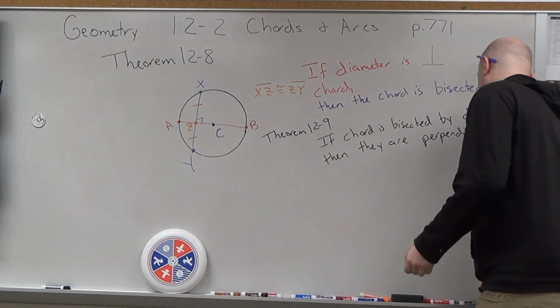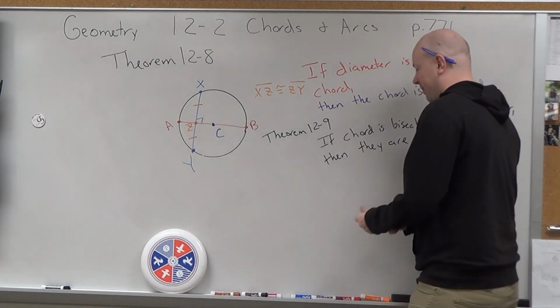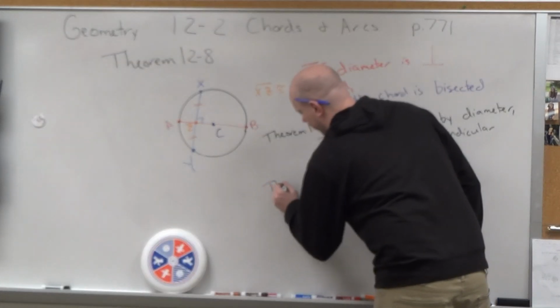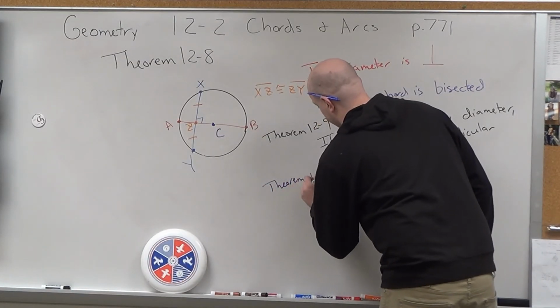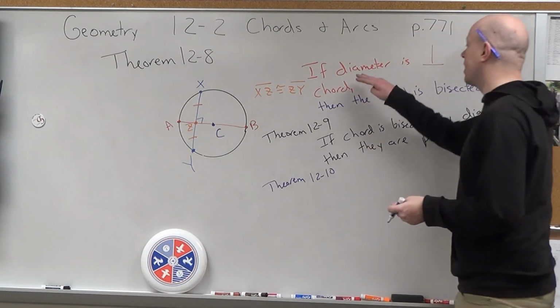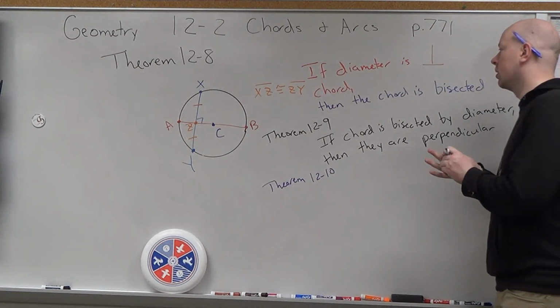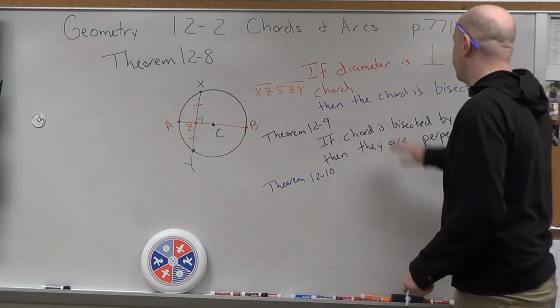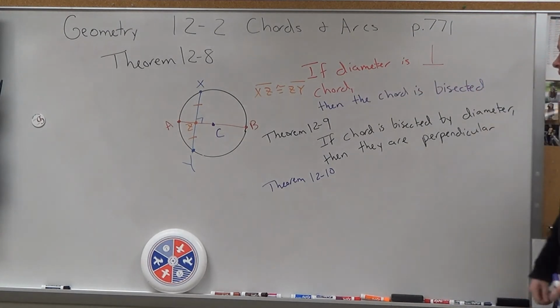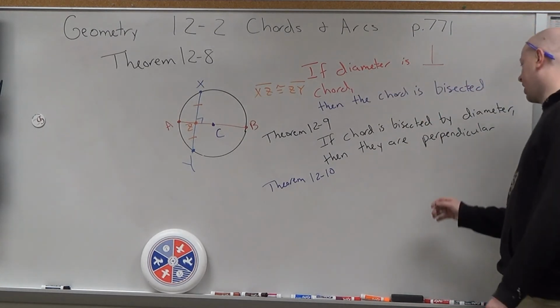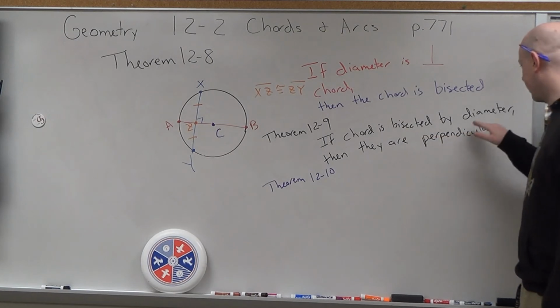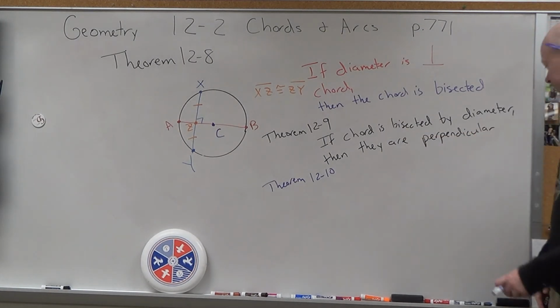And then theorem 12-10 actually again goes with the same idea. So theorem 12-10. So here in this first one, I was given the part that diameter, perpendicular, so then I know the chord's bisected. Here I was given the bisected and perpendicular diameter, then perpendicular.